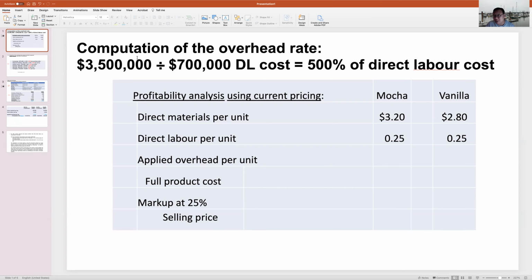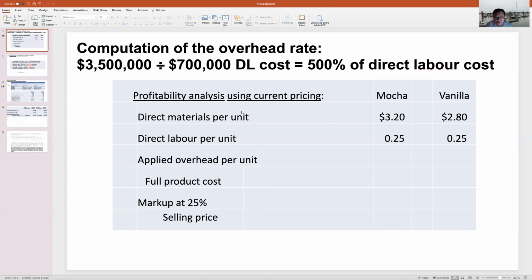When we calculate the single overhead rate, we use 3.5 million divided by 700,000. So we get 500%. That's the overhead rate of the direct labor cost. The question says each unit is 500 grams.